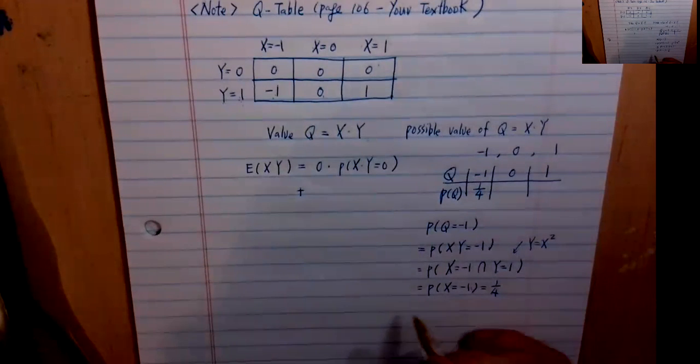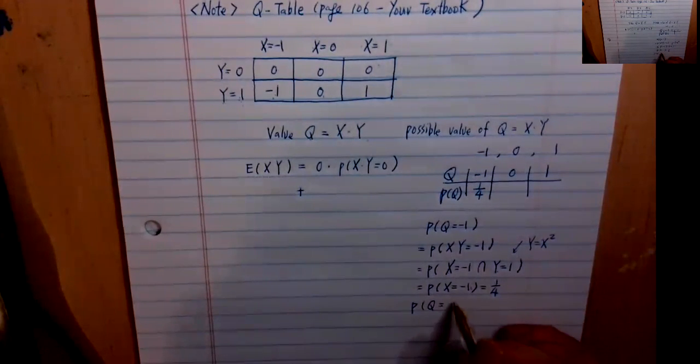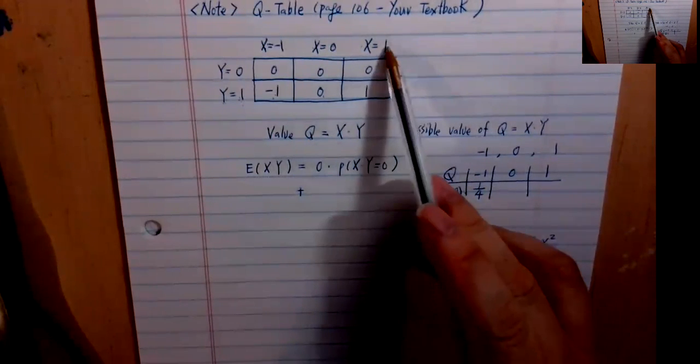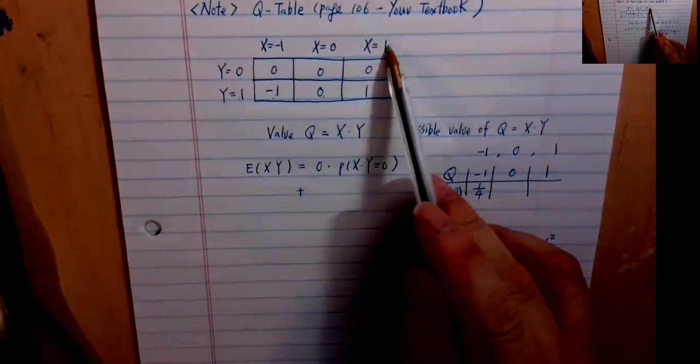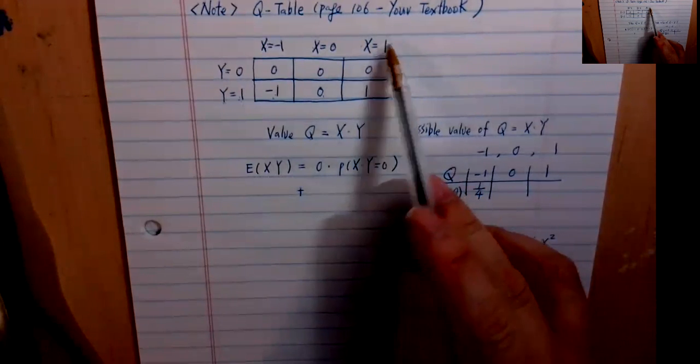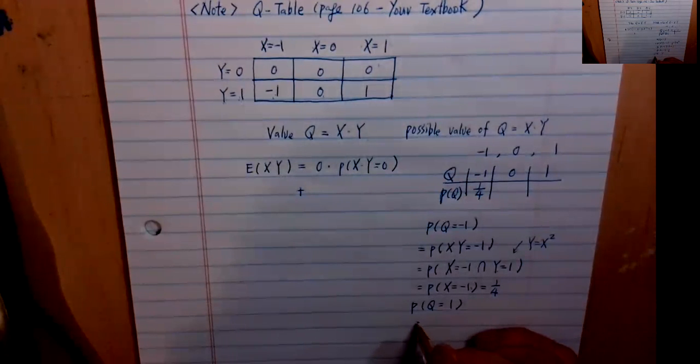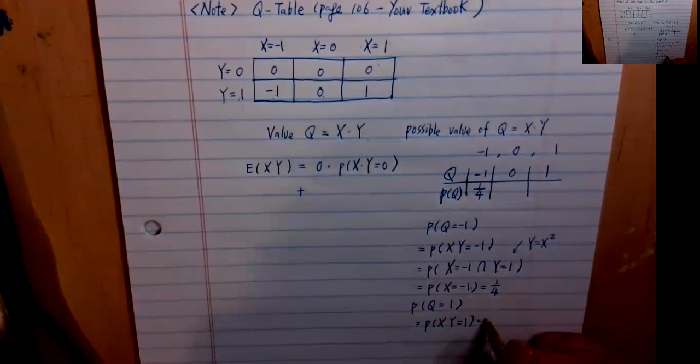Now, next one, how about Q equal to 1? From the Q table, you can see the only chance you can get Q equal to 1 is X equal to 1 and Y equal to 1. So X times Y equal to 1, and the only chance you can see that happen is X equal to 1 and Y equal to 1.